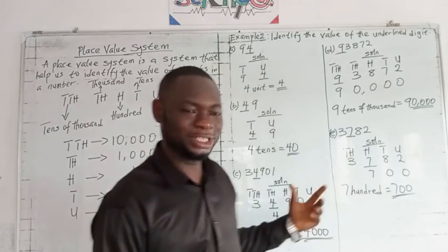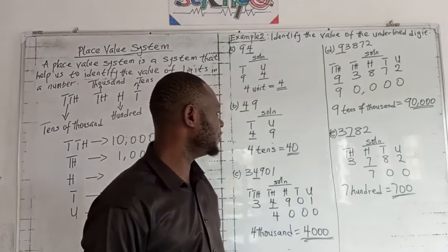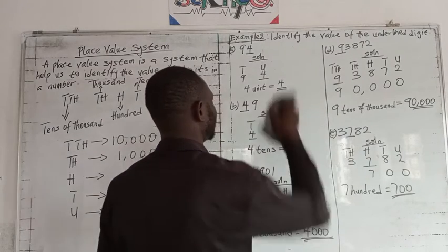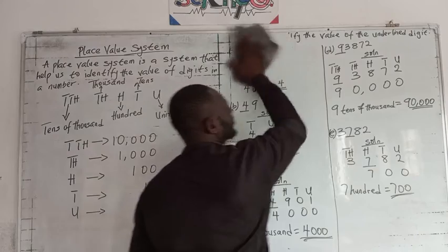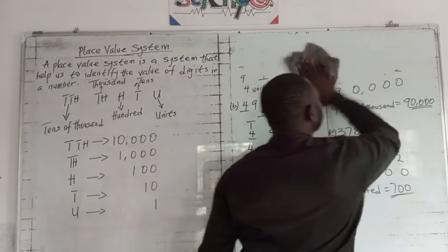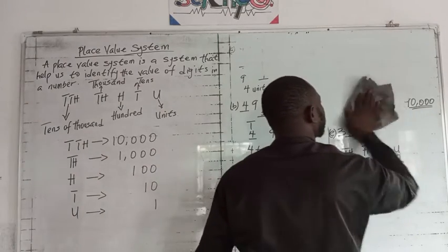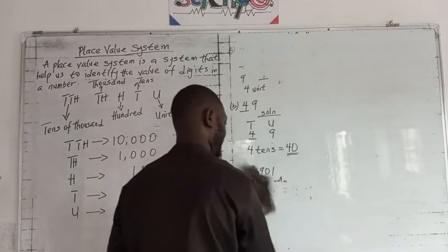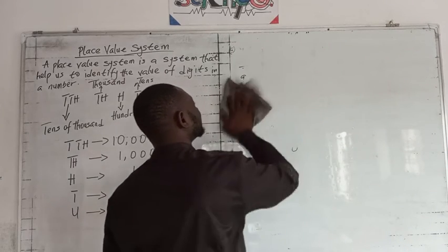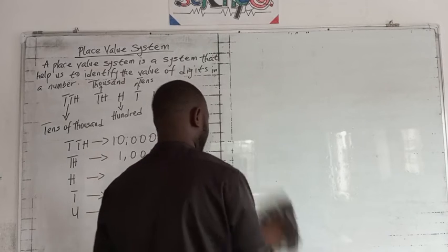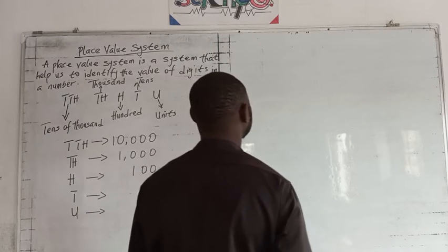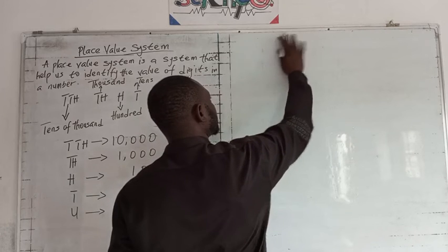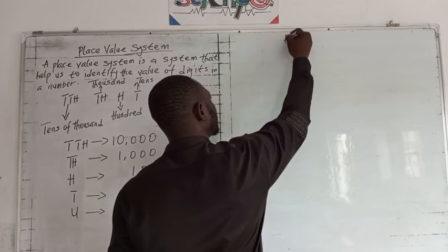Alright, so do this as homework for me. Okay, let me clean here. Do this homework for me. Do this work at home.